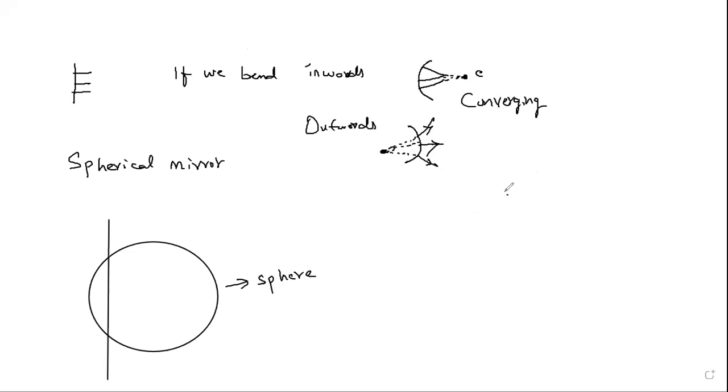It will look like this much only, right? This is the cut part of the sphere. So we call it spherical. The complete circle is a sphere, and this is a part of the sphere. So we call it spherical. If I take a round circle mirror, a sphere mirror, and take this part, we call it a spherical mirror. Understood better?